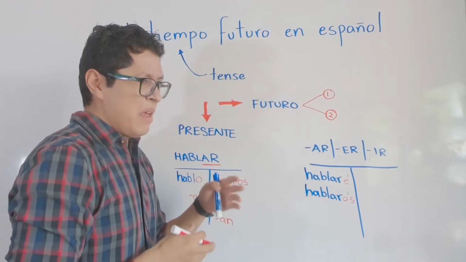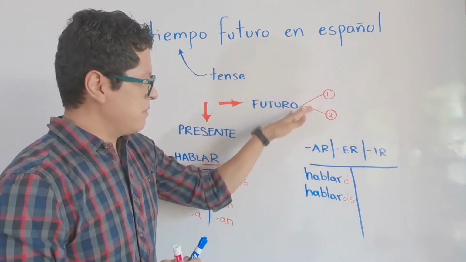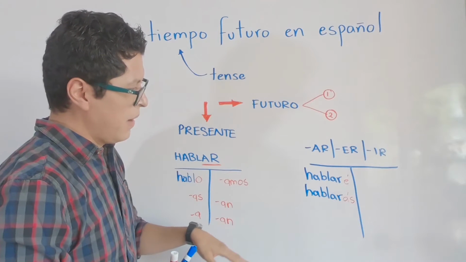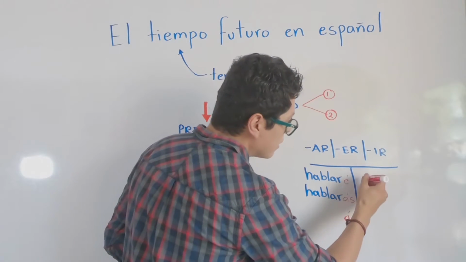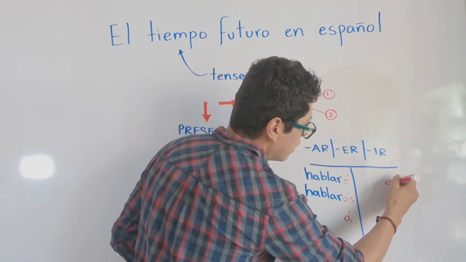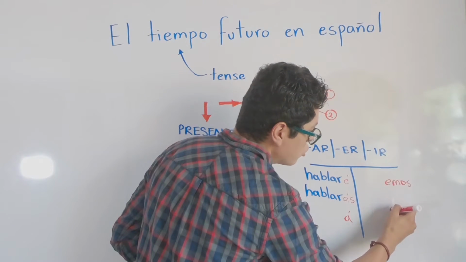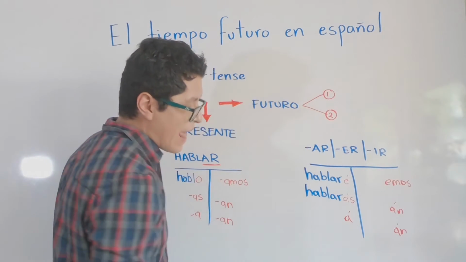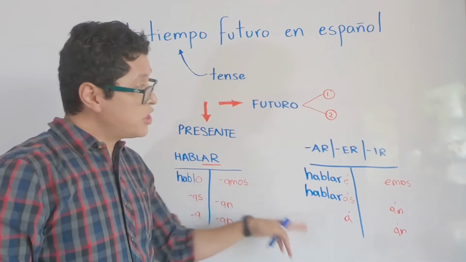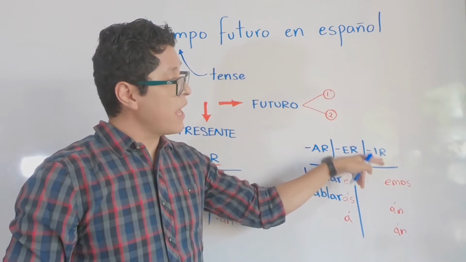In Spanish, this is the future form. Hablarás, then you say hablará, hablaremos, hablarán. And guess what? The same thing happens with -er and the same thing happens with -ir.